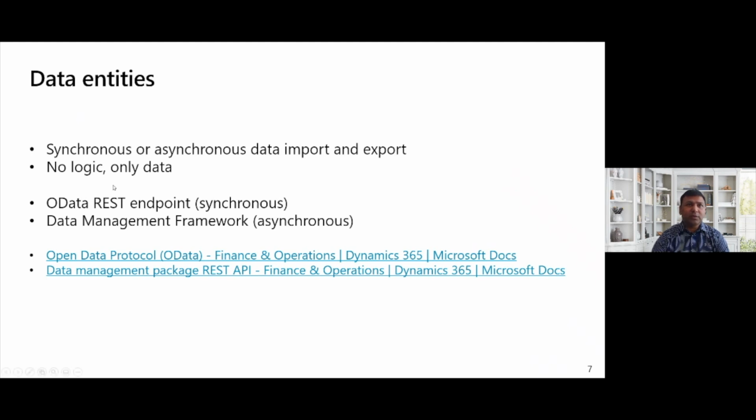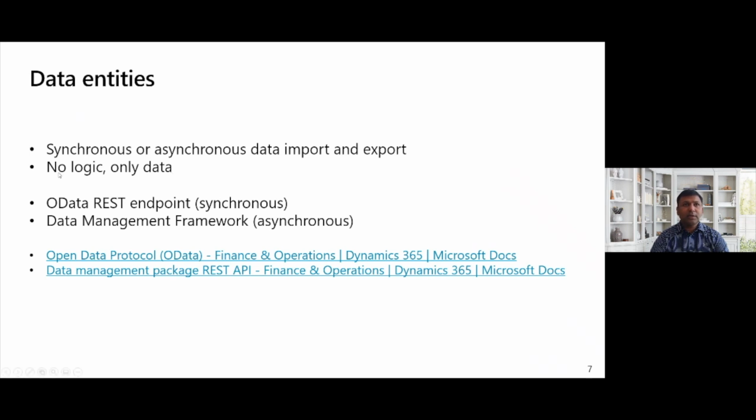So all you have to do is call the data entity over REST API or OData in a synchronous way, or you can define a project in D365 in which you add the data entities for which you need the data, and call the data management framework API to either import or export that data. So that's a tried and tested mechanism for importing and exporting data.